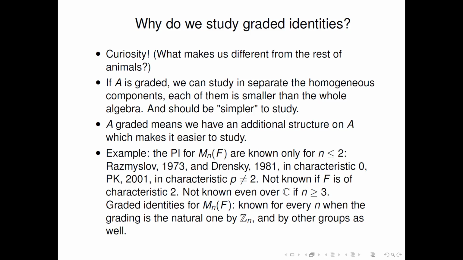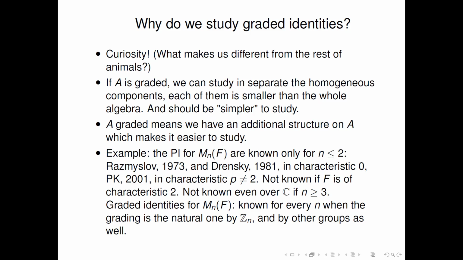As an example, the identities for n by n matrices, as we already discussed, are known only for n equals 1, trivial, and n equals 2. And we already discussed the identities for 2 by 2 matrices. But the generators are not known when n is larger than 3.